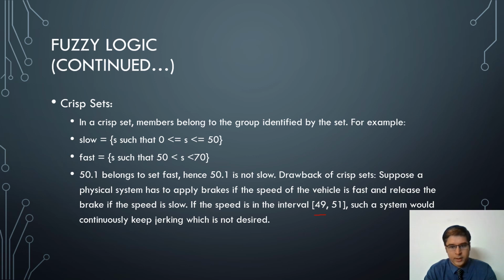I mean, it will speed up and release the brake. And as soon as the speed becomes 51, it will apply brakes, and the speed again will become 49. And so the value will keep varying from 49 to 51. Such a system would continuously keep jerking, which is not desired.